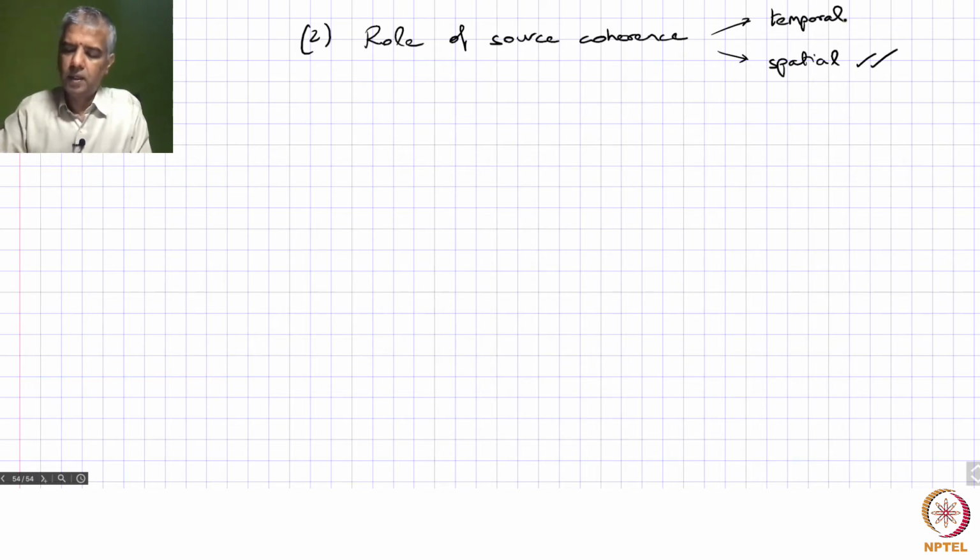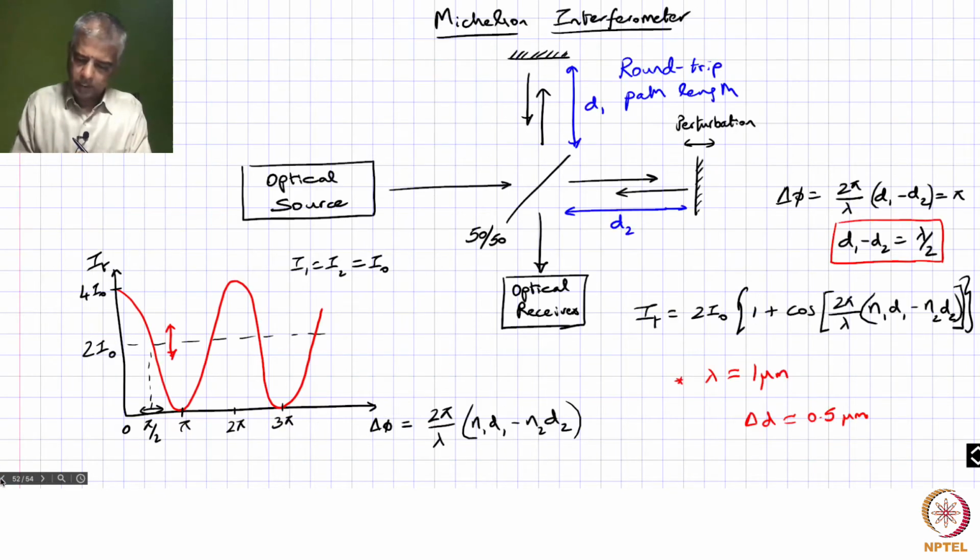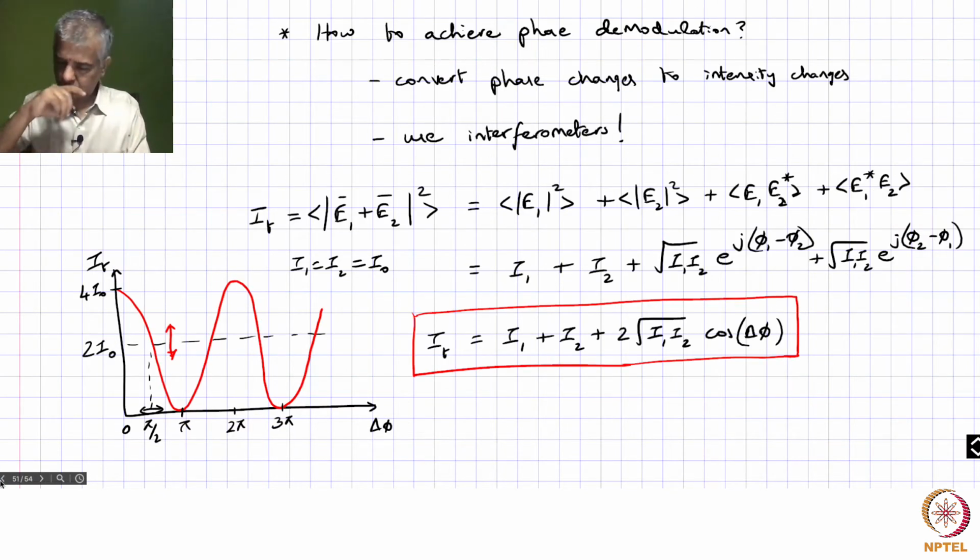So the question really is, what about temporal coherence? What is the role of temporal coherence in our interference? Now let's go back and look at this picture here. We said the total intensity of this interferometer corresponds to beating of these two waves, whose fields correspond to E1 and E2.